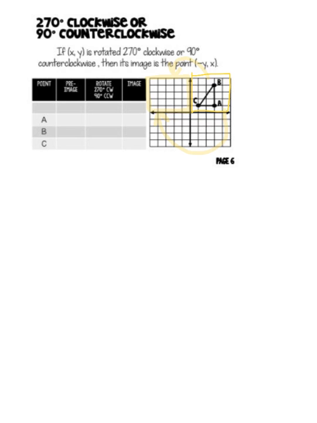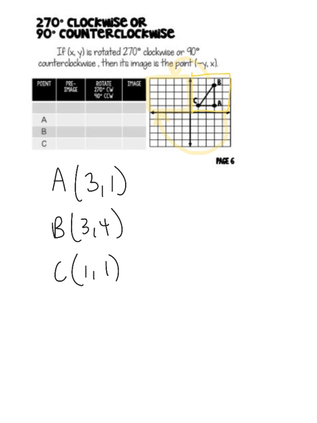Point A, again, is at (3, 1). B is at (3, 4). And C is at (1, 1). We apply our rule, (negative y, x).